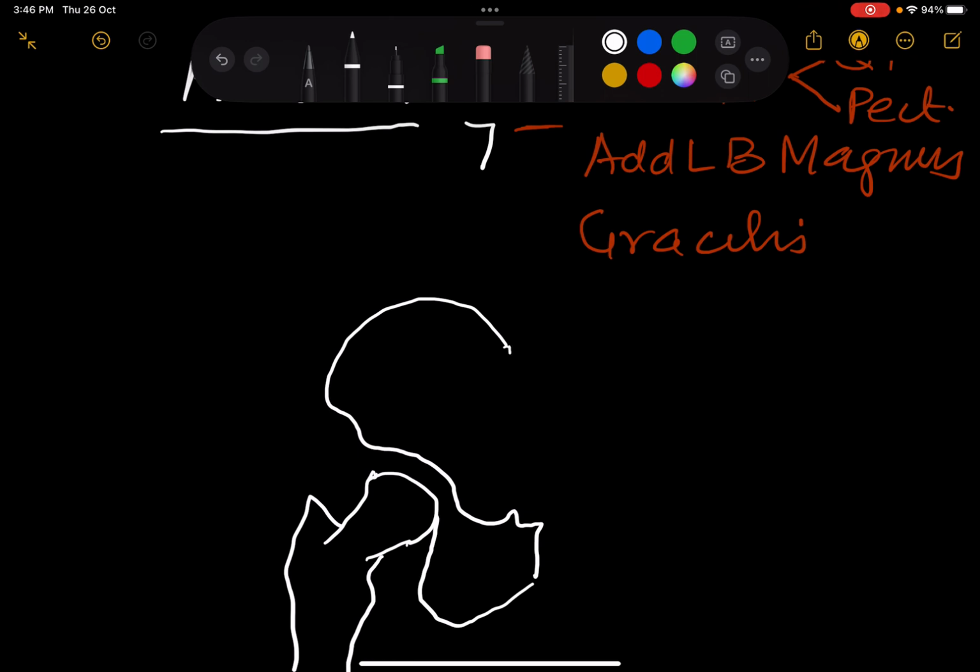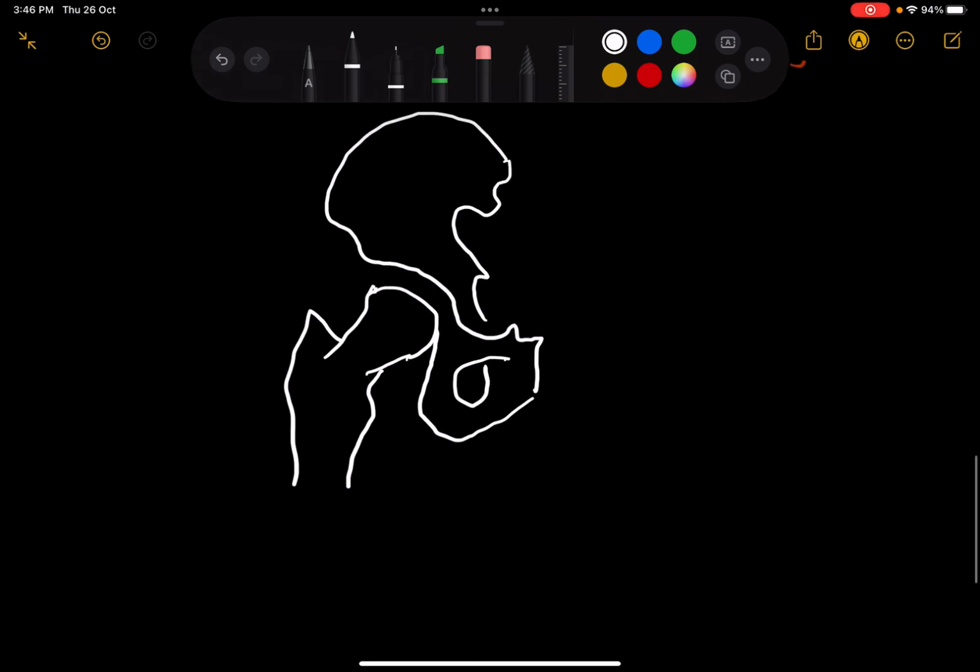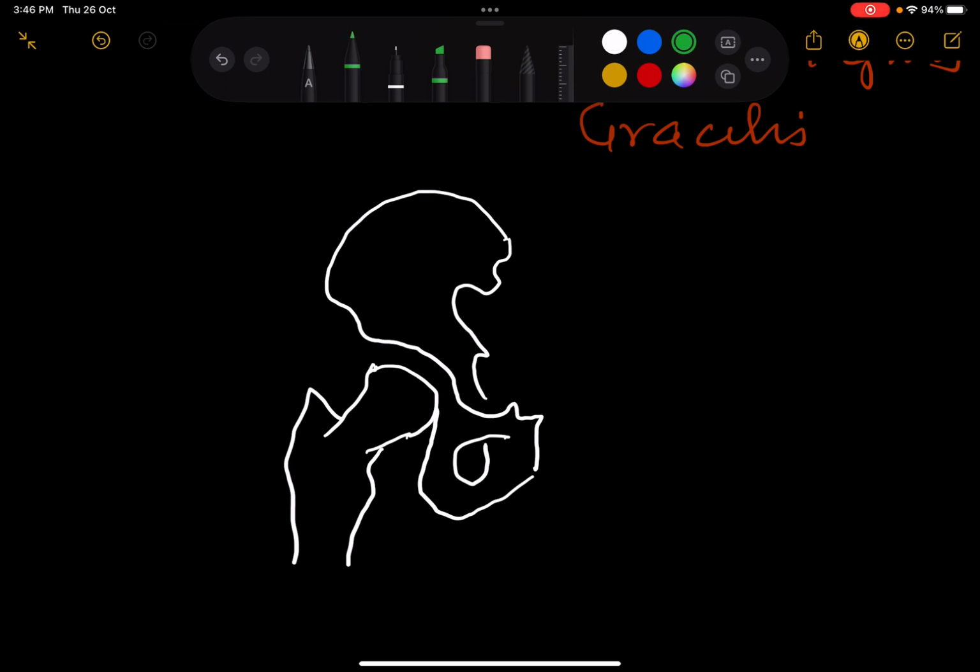Here you have the posterior superior iliac spine, posterior inferior iliac spine, greater sciatic notch, ischial spine, and here you have the obturator foramen. From here to here, anterior superior iliac spine to the pubic tubercle, you have the inguinal ligament.